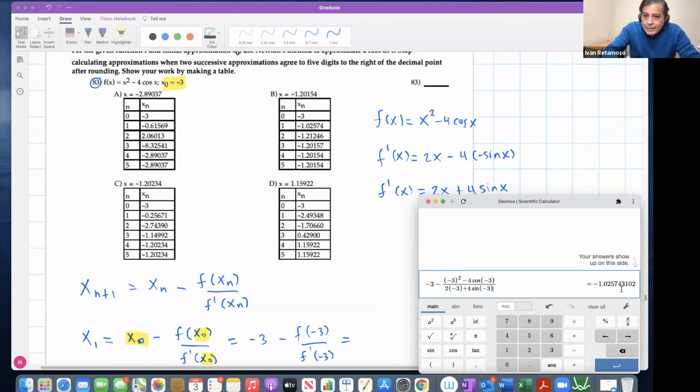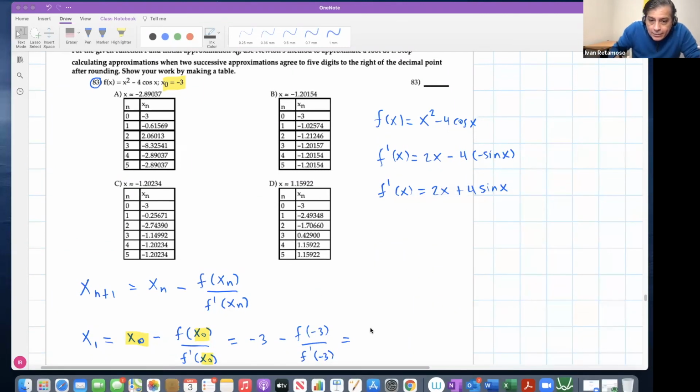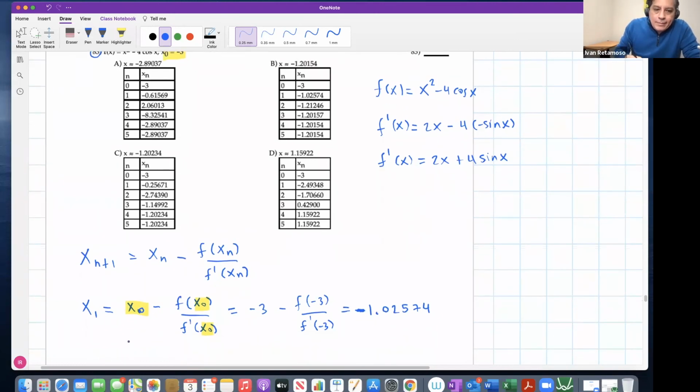Great. So you should write this down. This first result, we agree, is negative 1.02574. This was our first approximation to the root of this function.